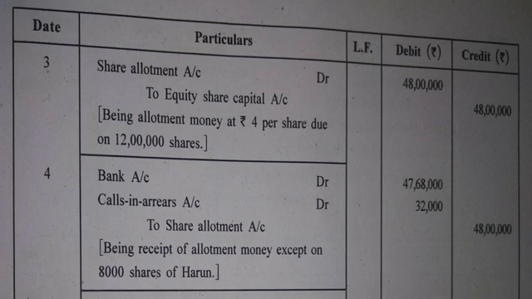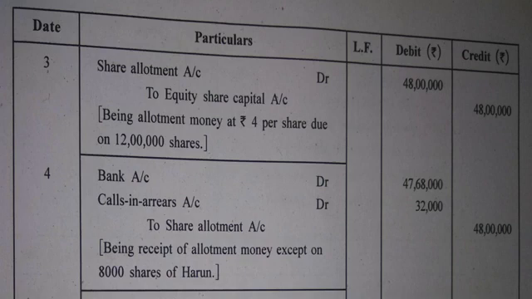So the journal entry for this is bank account debit 47 lakh 68,000, calls in arrears account debit 32,000, to share allotment account 48 lakh. 48 lakh becomes due, of which 32,000 is not received and hence 32,000 is deducted from 48 lakh. Yes? So the net amount received by bank is 47 lakh 68,000.